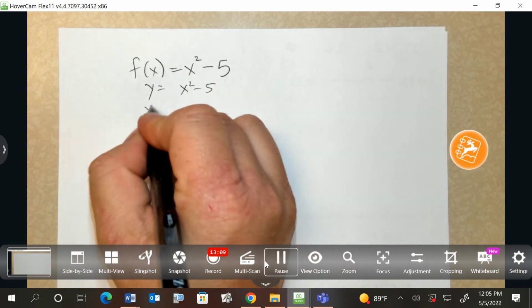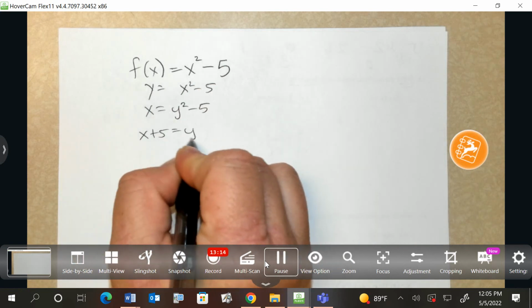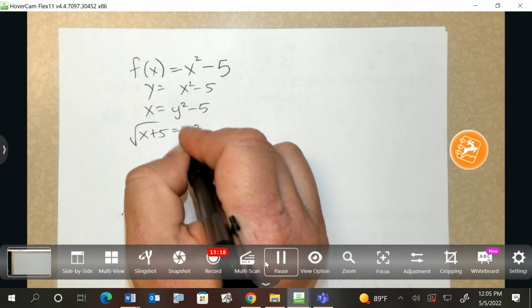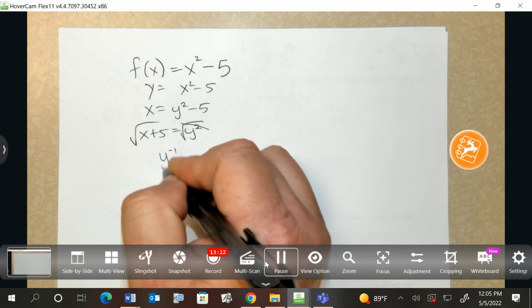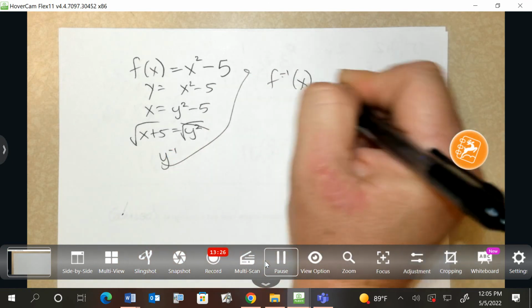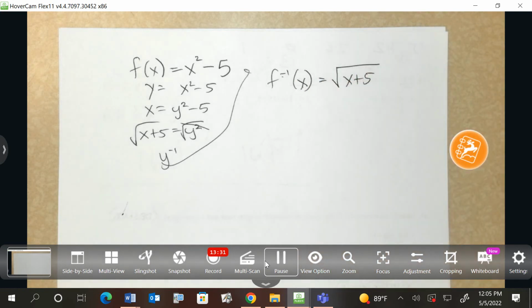Okay, switch the x and y. So x plus 5 equals y squared. Take the square root, and this is going to be the inverse. So I'm going to write it correctly. The original function was f, so here's the inverse of this, and it's the square root of x plus 5.